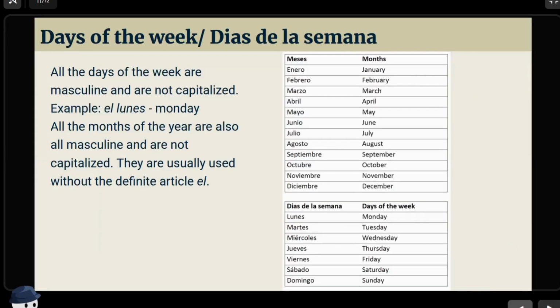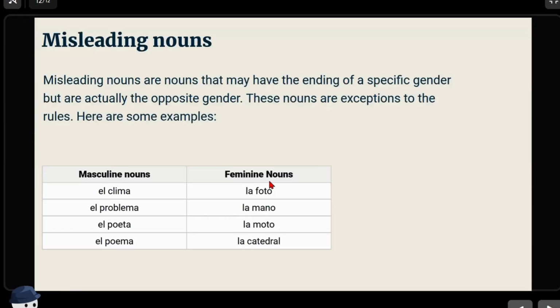Okay, so for our last topic here are a few confusing, misleading nouns in Spanish that will throw you off, that you honestly just have to memorize.